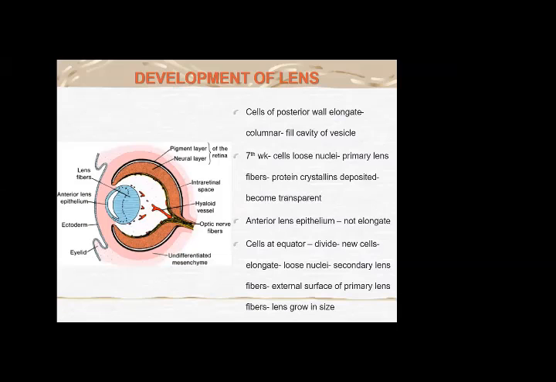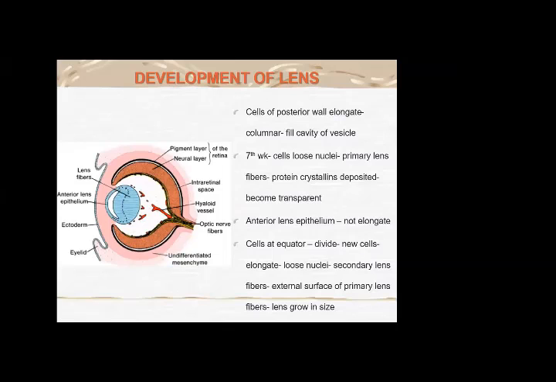Until now you can see the nuclei present over here. But then by the 7th week, these cells lose their nuclei. When any cell loses its nuclei, it loses its ability to multiply.